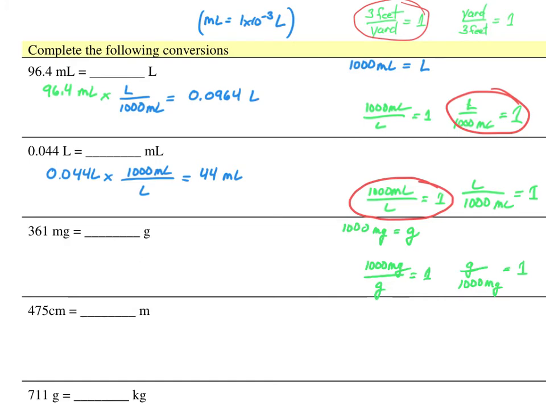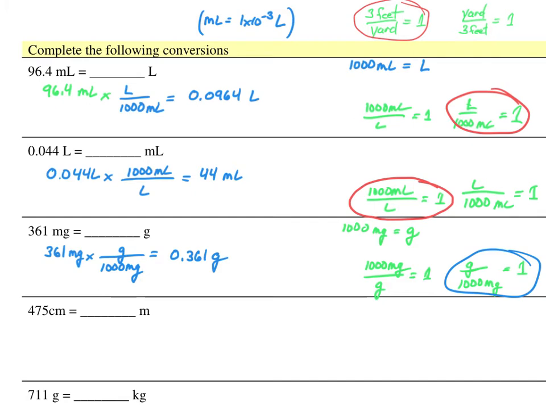And we can multiply our initial number by the correct conversion factor, and we know our answer is numerically, physically unchanged. So again, we write down our initial number that we're given, plus its unit. We know that we're going to use the conversion factor that has milligrams in the denominator. 1,000 milligrams is equivalent to a gram, so we know we need to divide by 1,000, and our calculator answer is 0.361 grams.